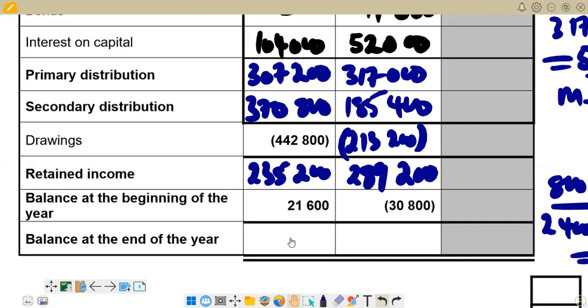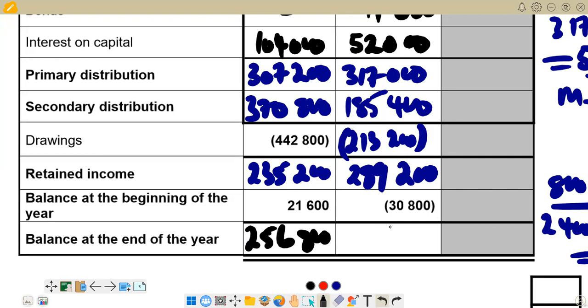So let's try to calculate. 235,200, then we add 21,600. You're going to get 256,800. That's the closing balance at the end.